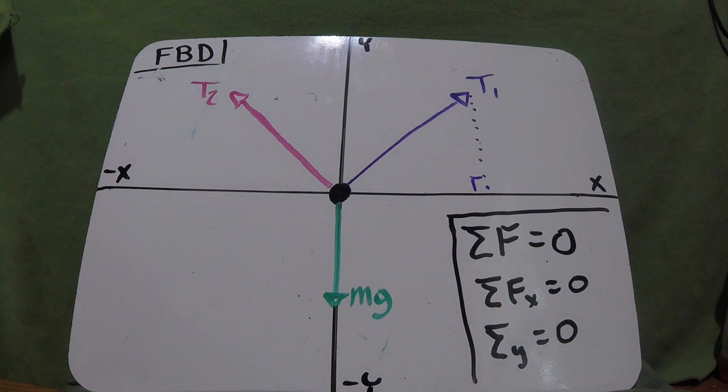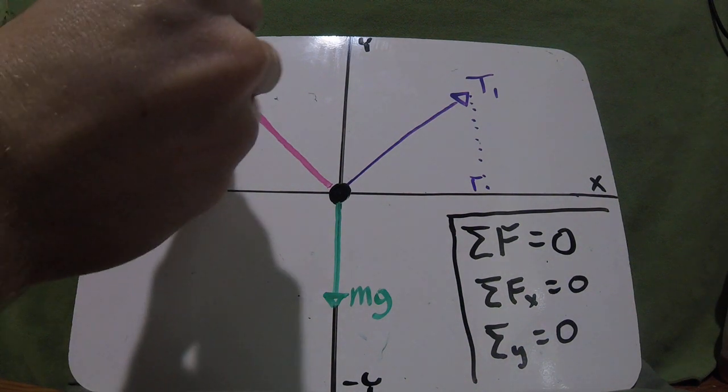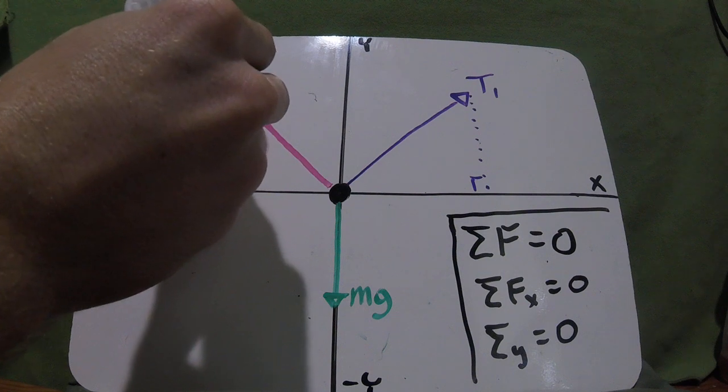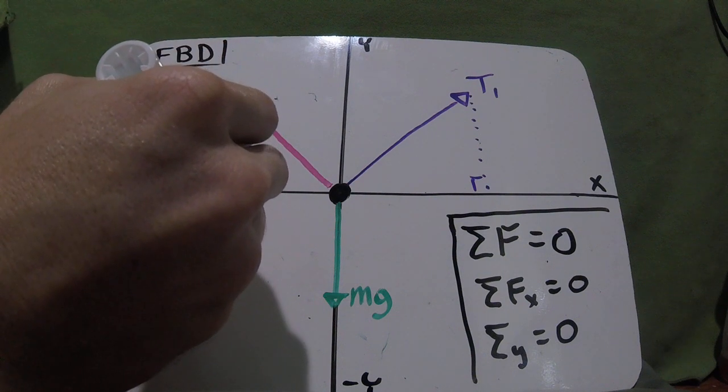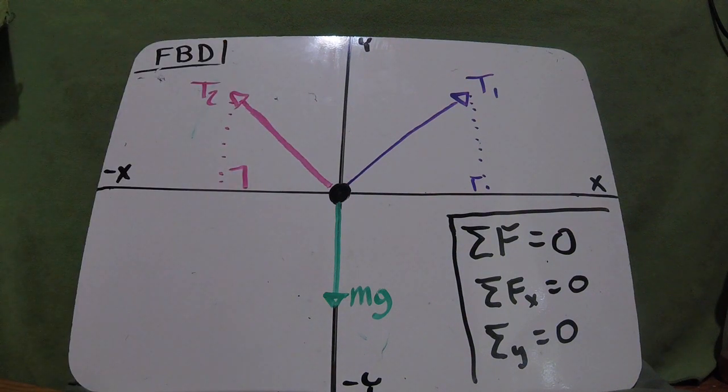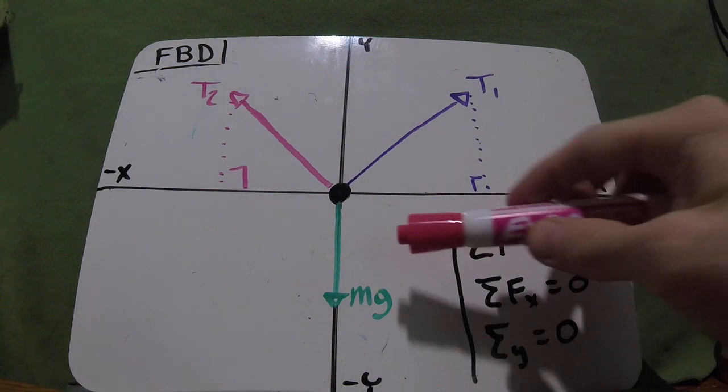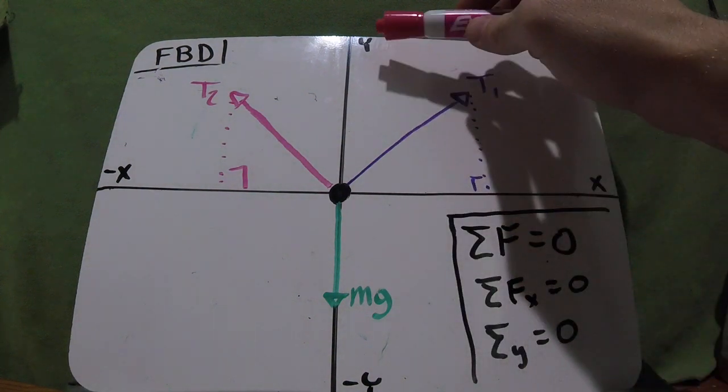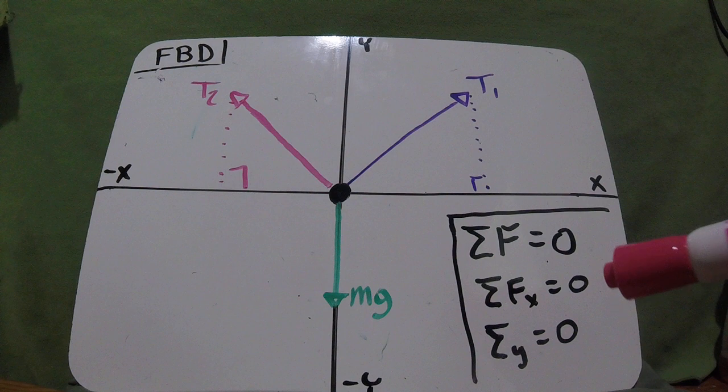We're going to start with T1. The same applies over here to T2. And I'm going to ignore MG for just a minute, because I think that it's painfully obvious that this is already acting in the y direction, the negative y direction, to be specific.